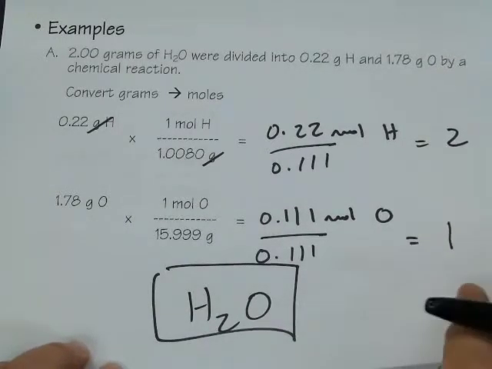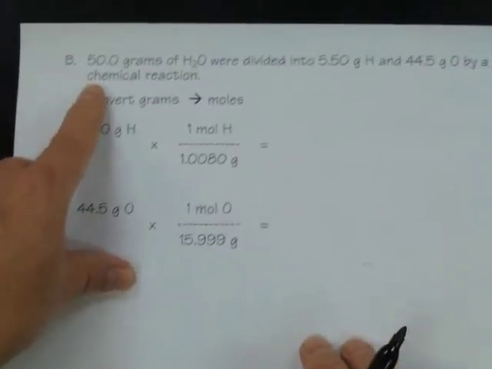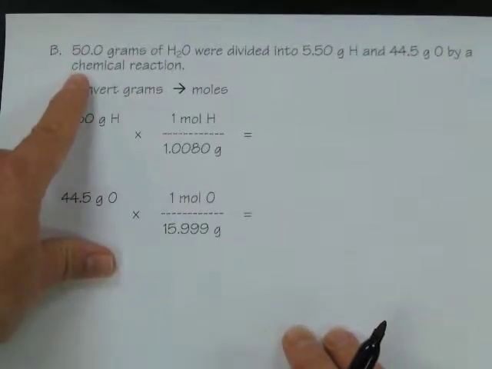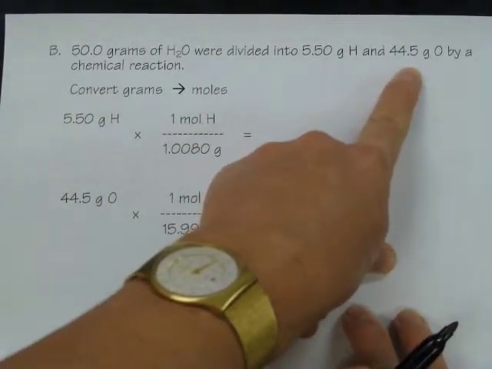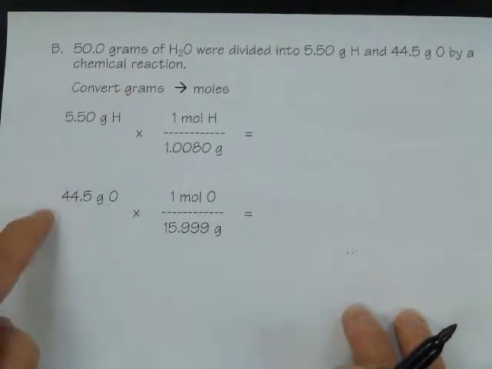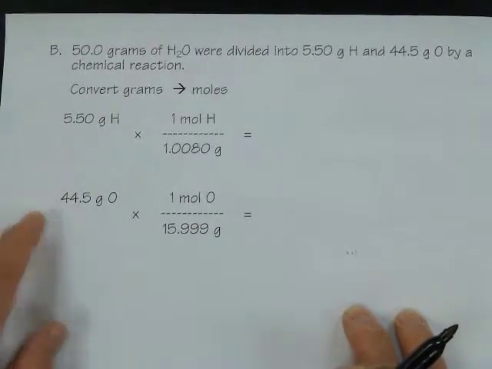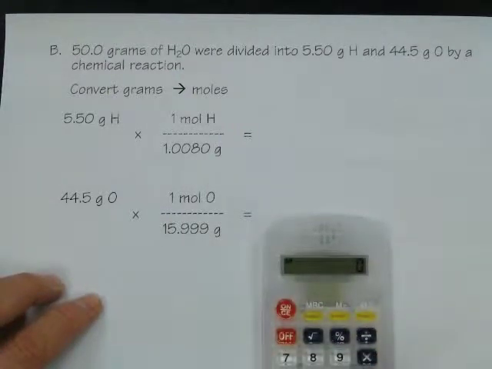So for example, if I had more water, let's say it was 50 grams of water, and this time I divided it into this much hydrogen and this much oxygen, again the same way using electricity, I'll take the grams of each of those elements and I'll turn it into moles. I'm doing that by using the molar mass of the substance, which I found looking at the periodic table.